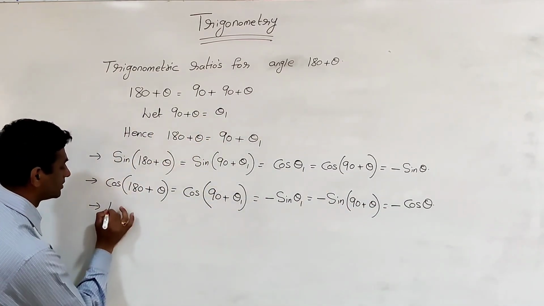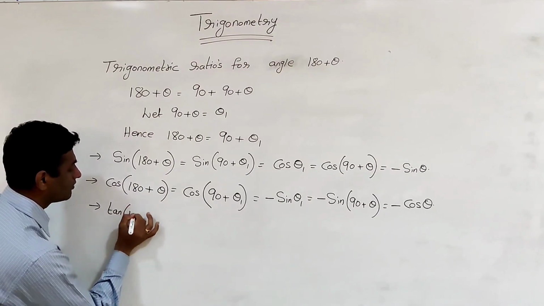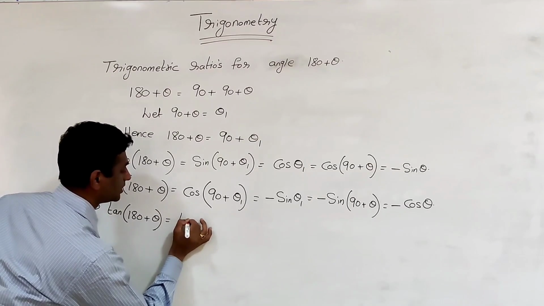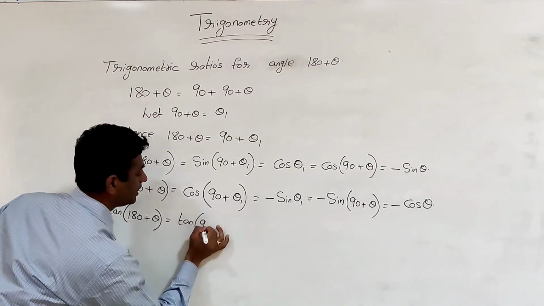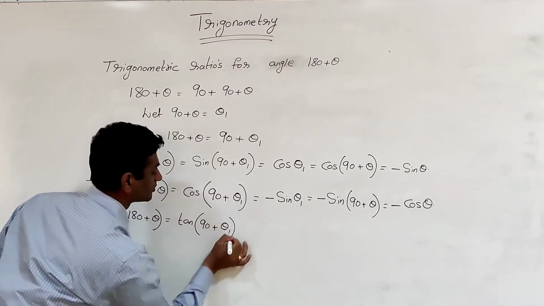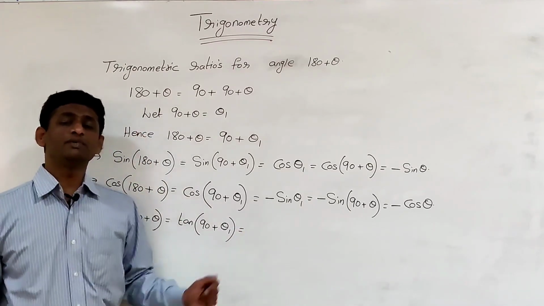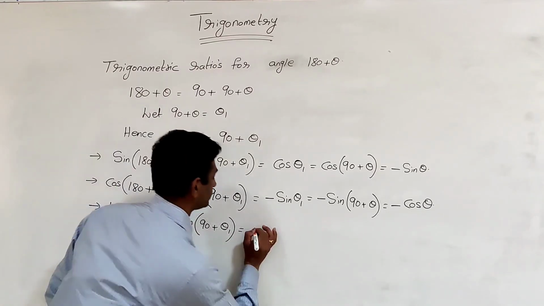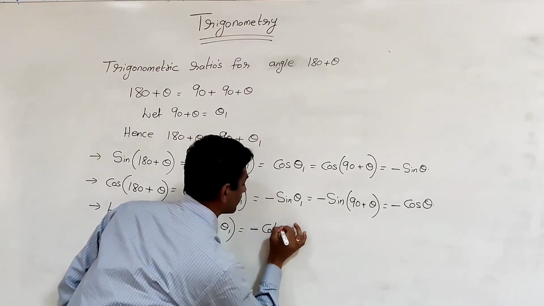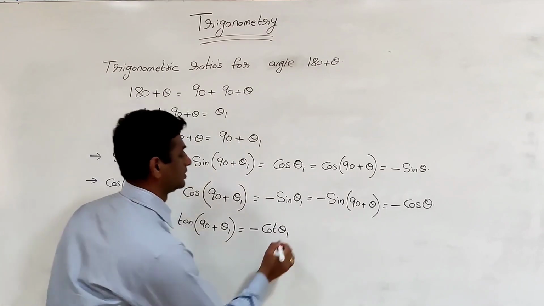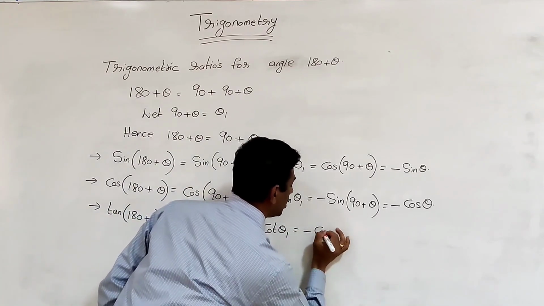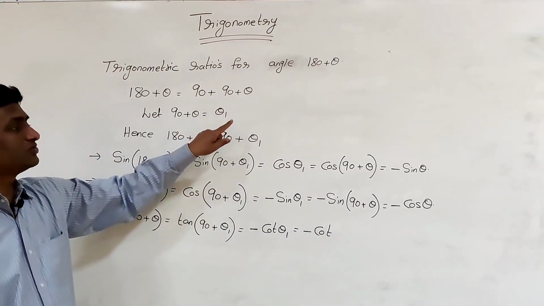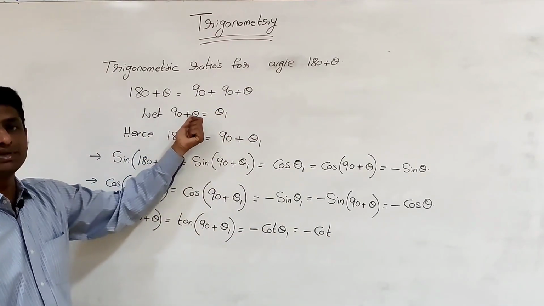Next, tan of 180 plus theta. This can be written as tan of 90 plus theta 1. So tan of 90 plus theta 1 is minus cot theta 1. Theta 1 is replaced with the original, that is 90 plus theta.